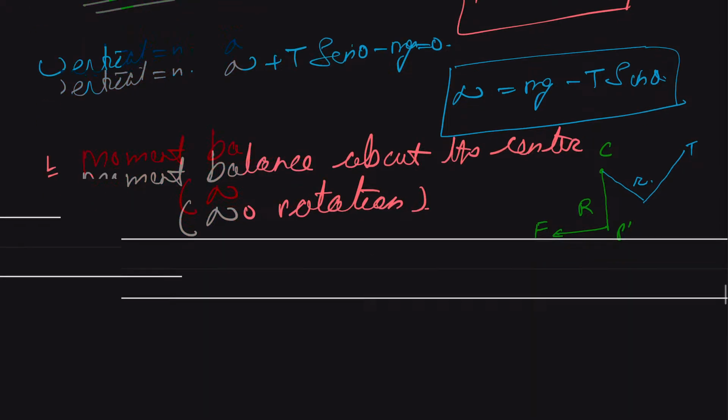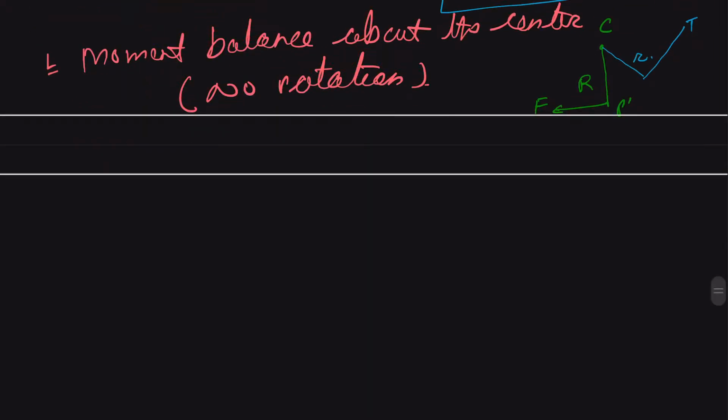Therefore, for no rotation, we can write that T multiplied by R minus Fr should be equal to 0.